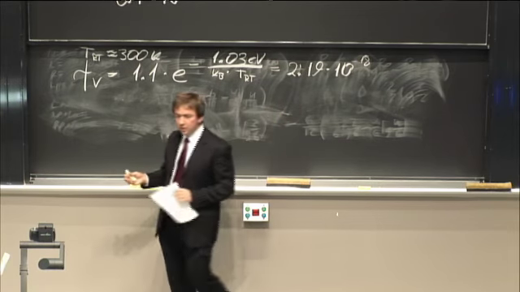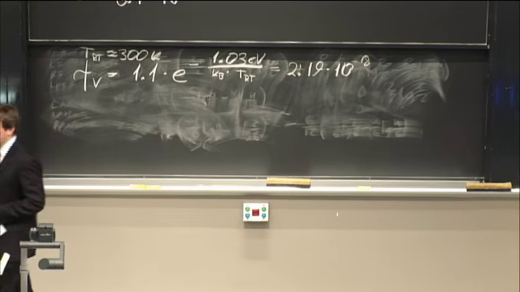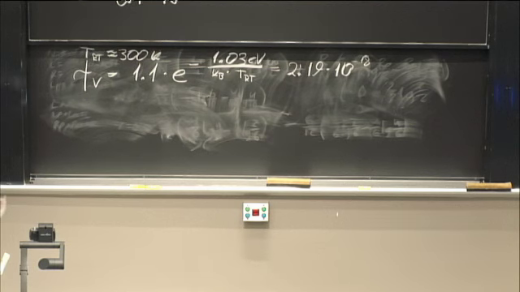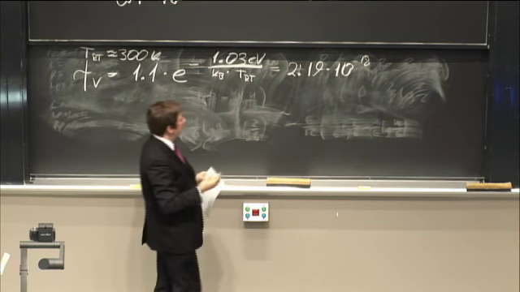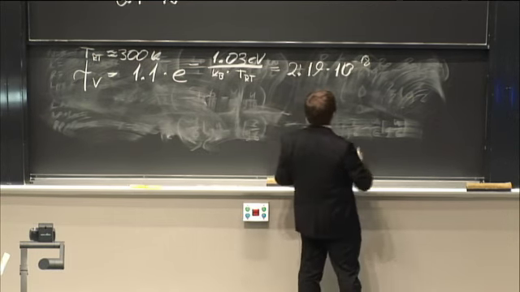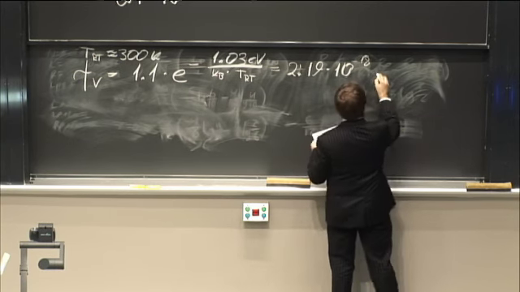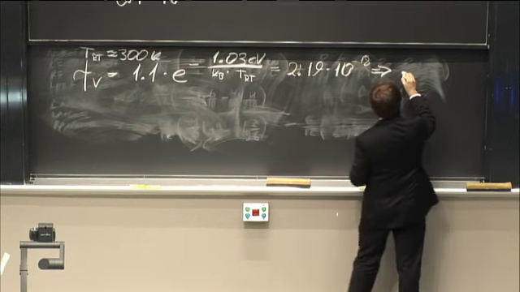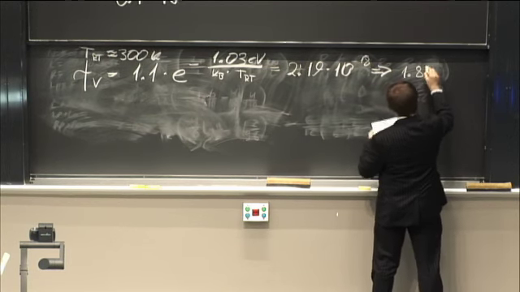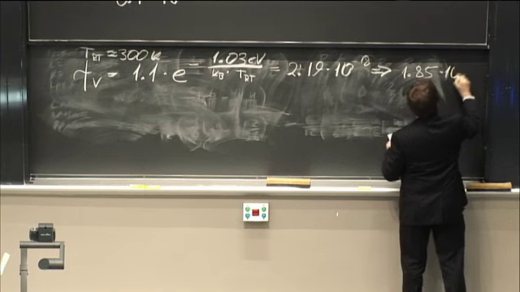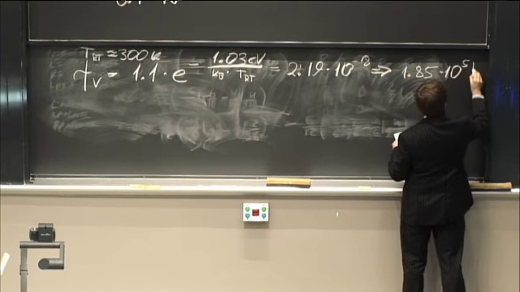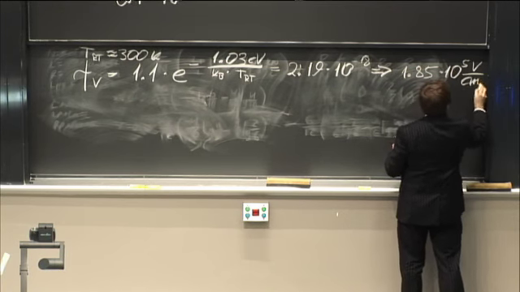We compare it to the number of atoms that there actually are, and in the case of solid materials, we expect there to be something on the order of Avogadro's number, but we can actually calculate more explicitly that this turns out to be something like 10 to the 5th vacancies per centimeter cubed.